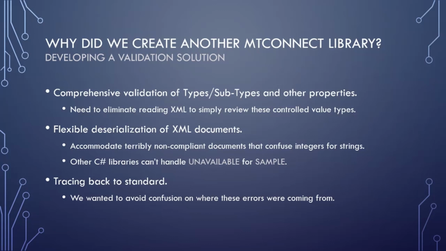There were also inherent issues with how those models were structured that would not give us the granularity that we wanted, even if we were able to provide validation on top of those libraries. Because ultimately we wanted to be able to trace back to a specific node in the MTConnect response and say this node was the cause of the problem.